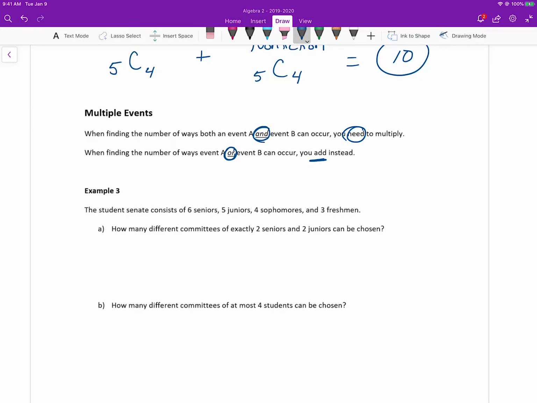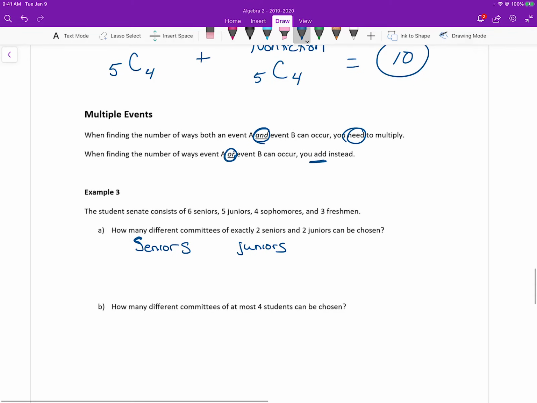So I would first think of, I'm going to have labels, seniors, and then I'm going to have my juniors. And then I would have 6 seniors total, but I only would like 2 of them on my committee. And for the juniors, we have 5 juniors and only 2 of them.